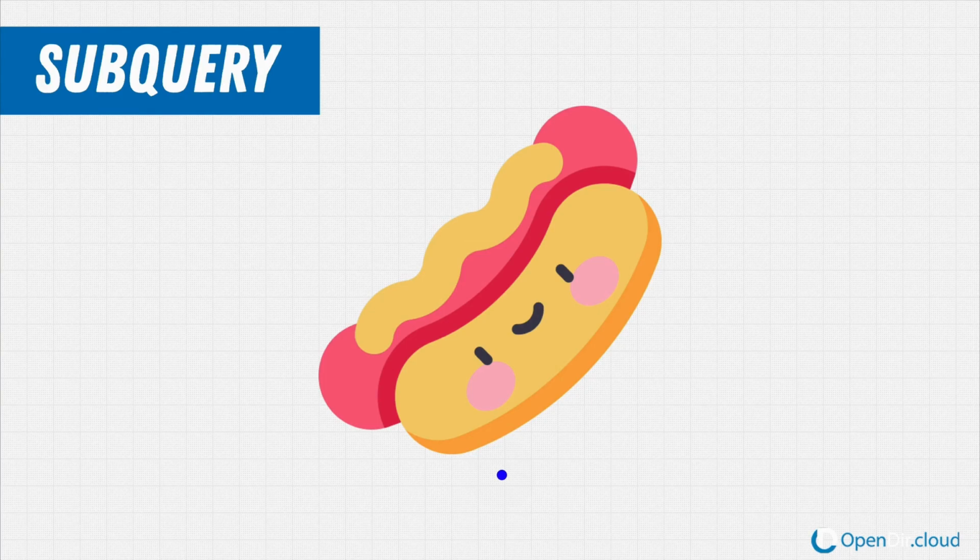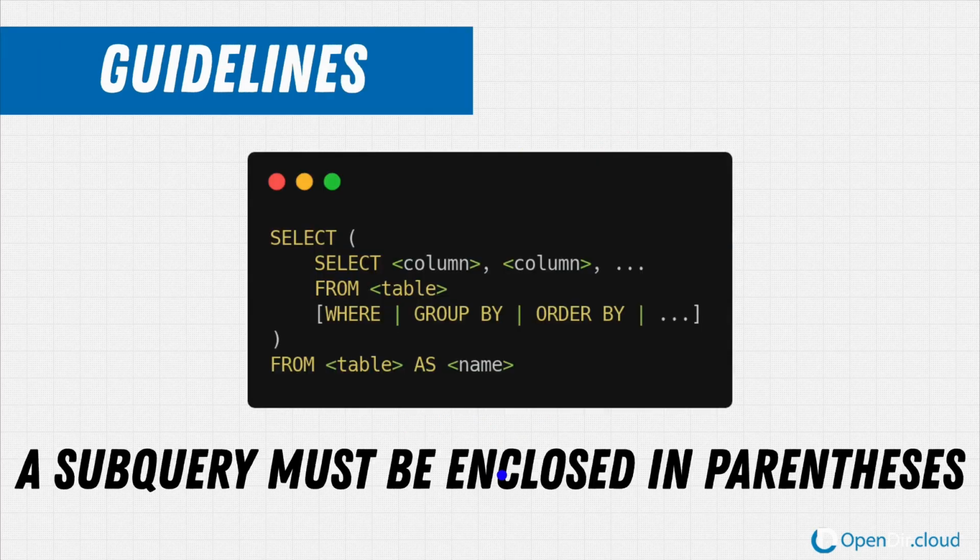But moving on from that, what I wanted to dive into is some general guidelines that you may want to follow when using subqueries and that we've seen throughout the videos, kind of rounding out our knowledge here, because it's important to know when and how to use subqueries and exactly what rules to follow. And so one of the first guidelines that I wanted to discuss is that a subquery must be enclosed in parentheses.